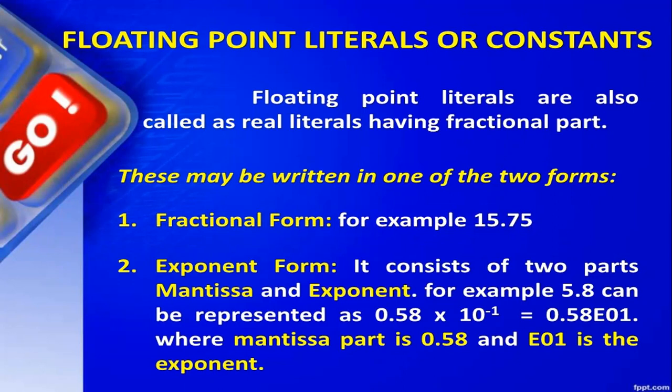Exponent form consists of two parts, mantissa and exponent. For example, 5.8 can be represented as 0.58 multiplied by 10 to the power 1. Mantissa is 0.58 and E01 will be the exponent.